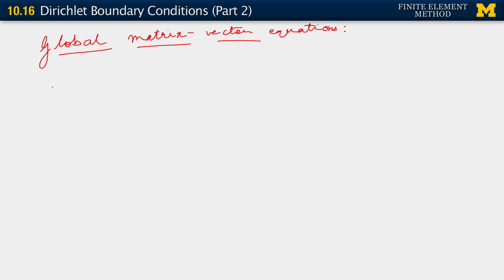And they are the following: C^T K bar D bar equals C^T F internal plus C^T F T bar. Okay? What's the last step we need to take? Dirichlet boundary conditions, right?